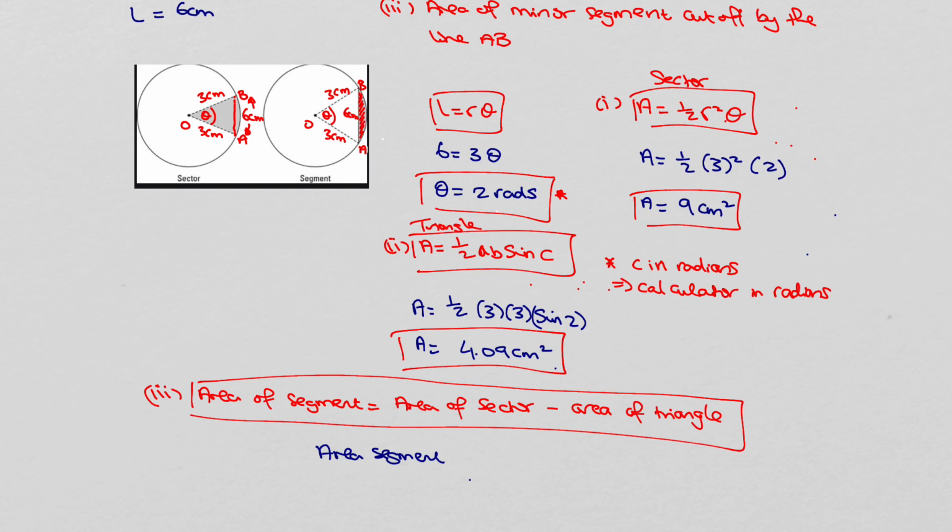So the area of my segment is going to be 9 minus 4.09, which gives me 4.91 centimetres squared.